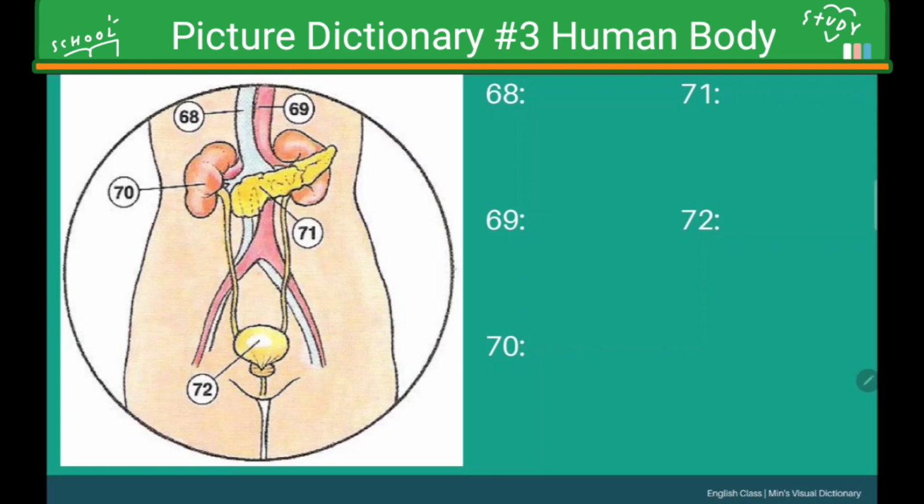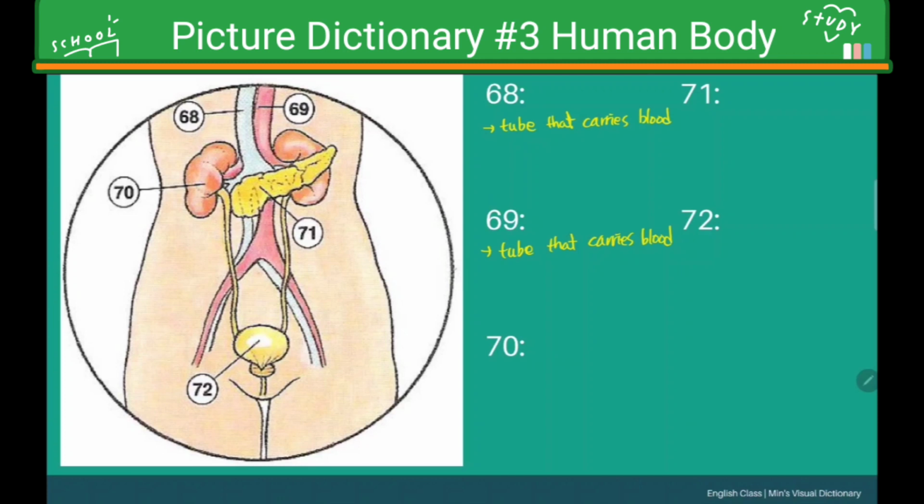All right. The final part of our visual dictionary today is our lower organ systems. And number 68 is pretty much everywhere. This is the tube that carries blood. So we have two tubes, 68 and 69. 69 is also a tube that carries blood.